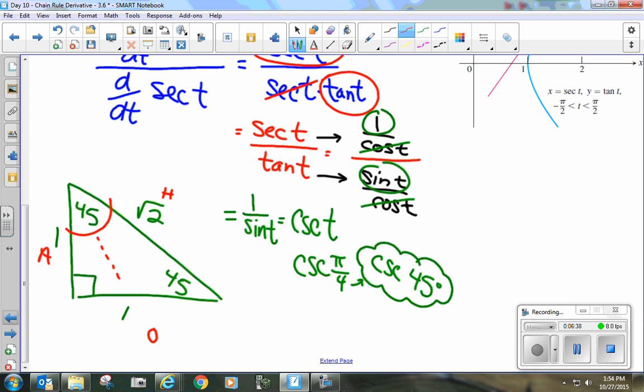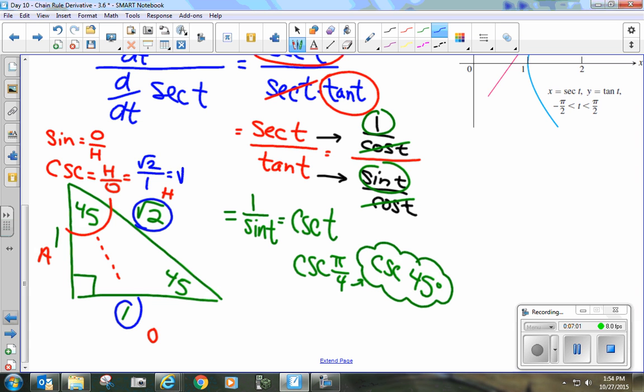If sine is opposite over hypotenuse, that means cosecant would be what? It's the reciprocal, right? It's hypotenuse over opposite. Radical 2 over 1, which is radical 2.